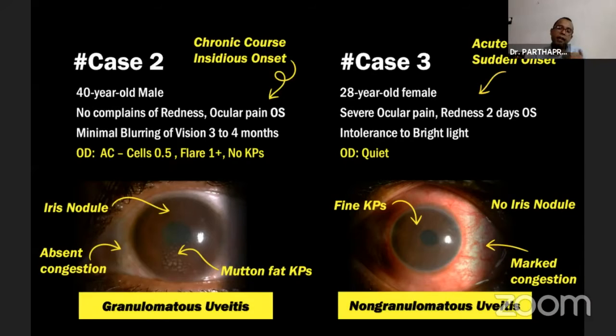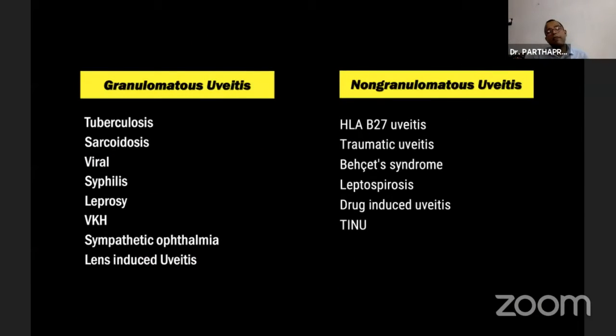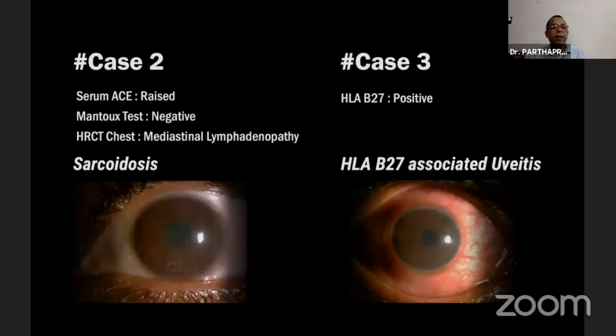Based on that, now we know there are certain diseases which can present with granulomatous uveitis and certain diseases which can have a picture like non-granulomatous uveitis. The same thing I applied and investigated the patient, and the first patient was diagnosed as sarcoidosis, and in the second patient we found HLA-B27 positive.